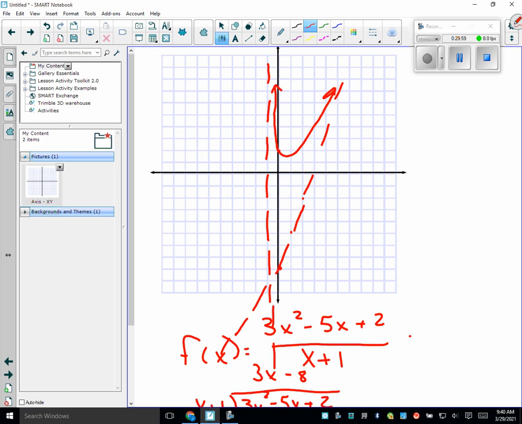Where's the other piece? Let me just make my window bigger. I bet it's down here somewhere.